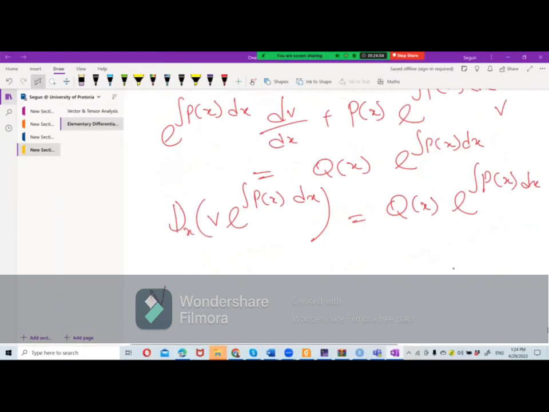I would now say v is equal to the integral, because when you integrate both sides, that is when the differential equation will disappear.